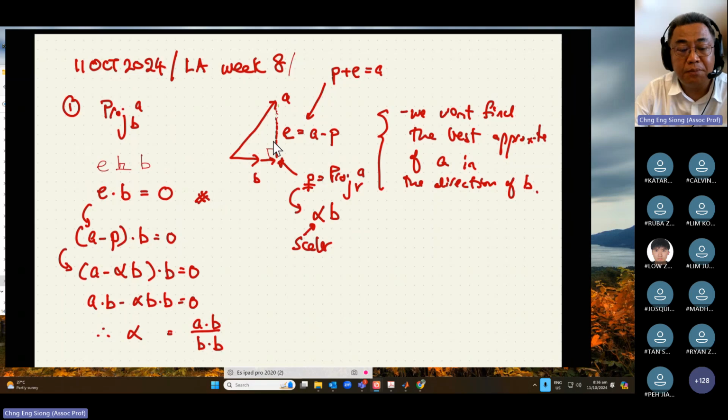So from first principles, we derive how to find the scalar alpha such that we multiply some vector B to reach this point.